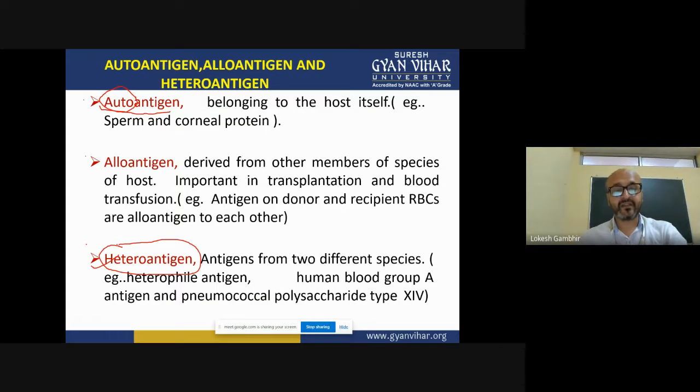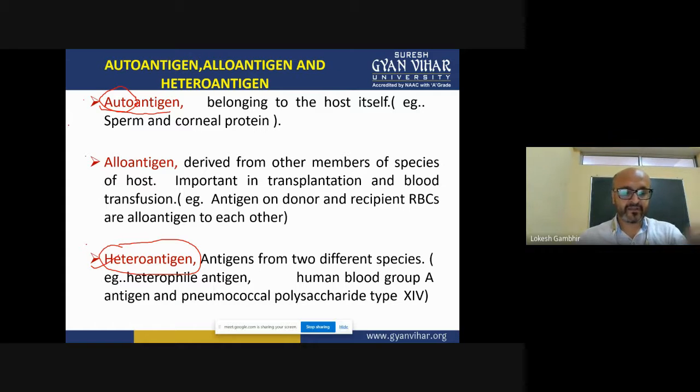So you should have a very clear understanding of the differences. Autoantigen belongs to us, alloantigen is from other members of the species, and heteroantigen is from a different species. That is, in a nutshell, a very simple narration of how things are happening in this particular zone.